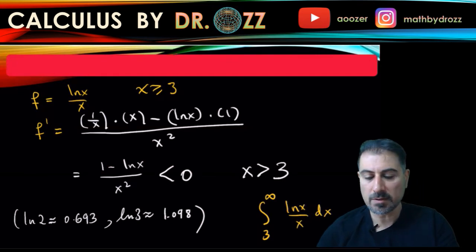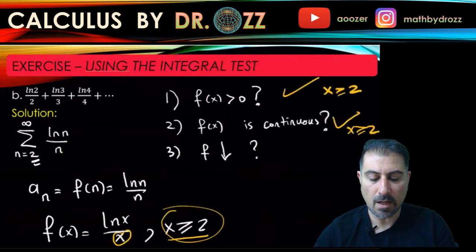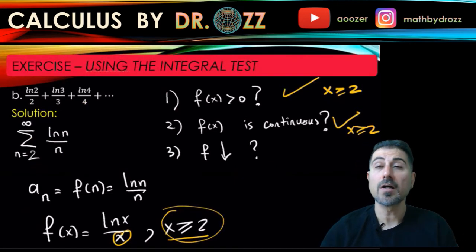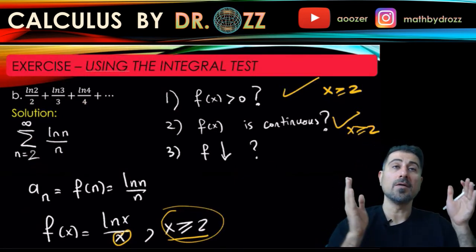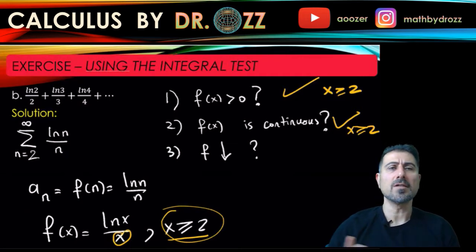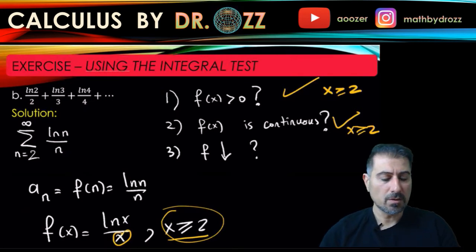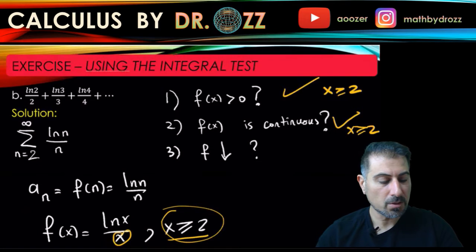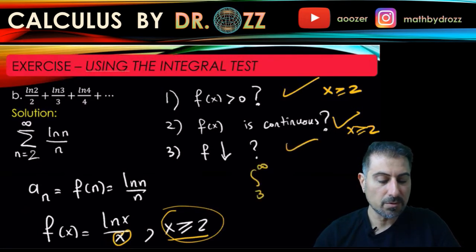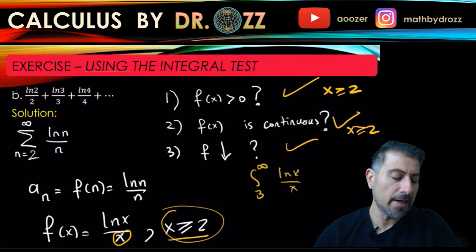And if you want to start the sum from n equals 2, well, n equals 2 is just one number added to the sum for which n starts from 3. And ln 2 over 2 is a finite number, so any finite number added to a convergent sum is a finite number. Okay, so let's put a check mark here.